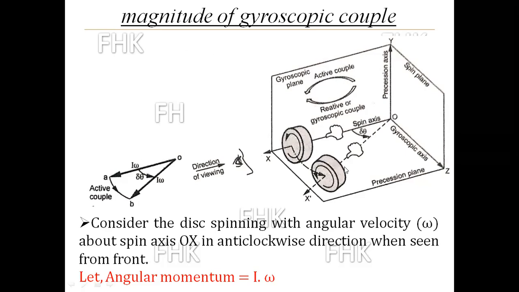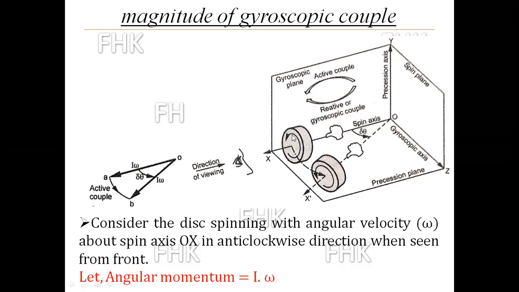If that body is spinning as well as precessing, it is subjected to tilting to either the right side or the left side. And that tilting you can see in a third mutually perpendicular plane. That plane is called the gyroscopic plane.